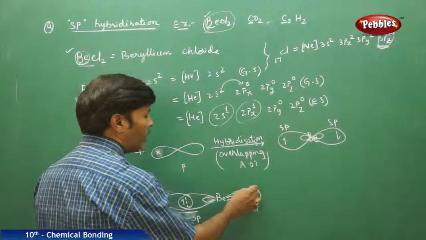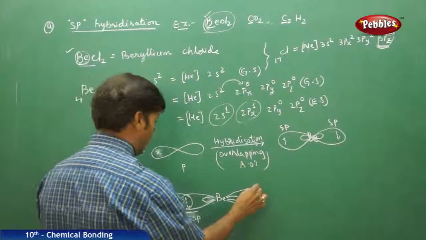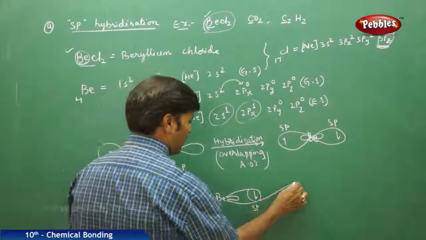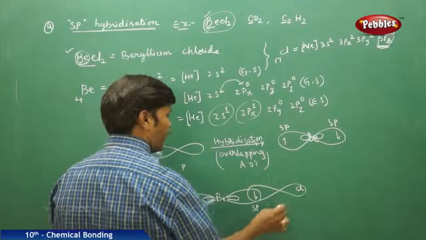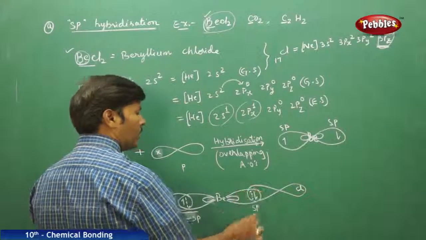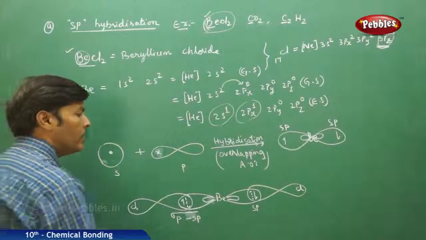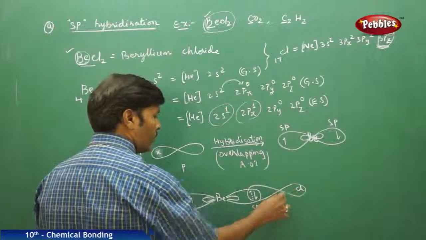Similarly, the same kind of overlapping takes place for the remaining chlorine of beryllium chloride. Again one more chlorine is there. The unpaired electron of the p orbital of chlorine makes a bond, and this is the chlorine p atomic orbital.